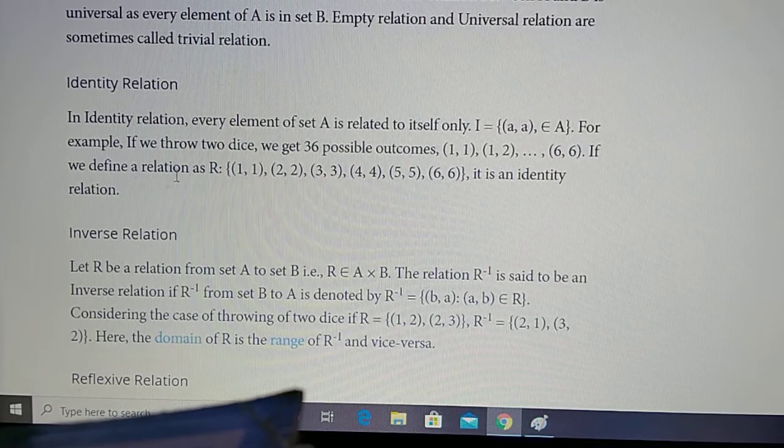If we define the relation as 1 1, 2 2, 3 3, there are the same numbers in both pairs, so this is known as an identity relation.